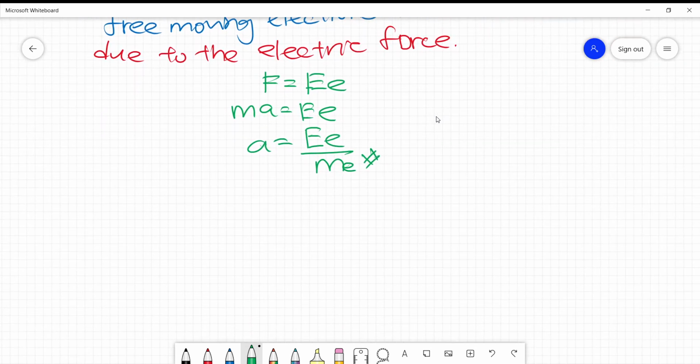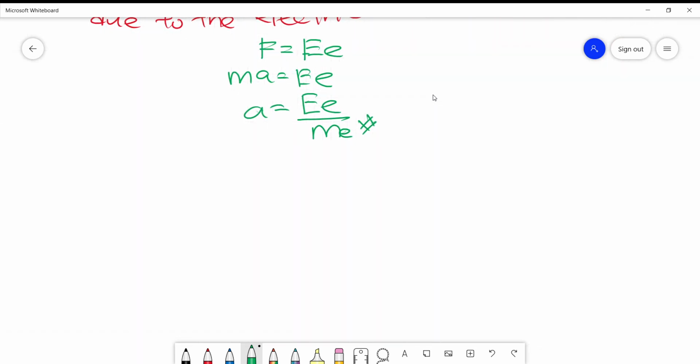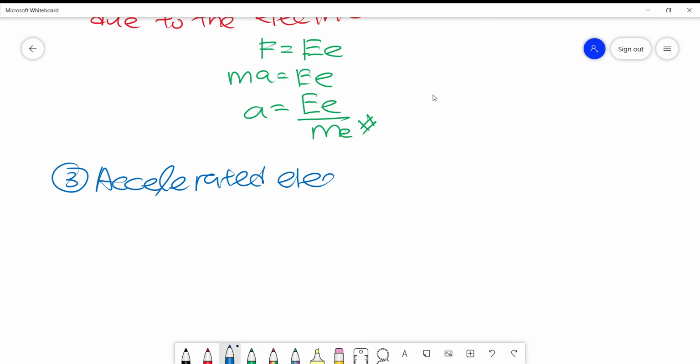Alright, so after accelerating the electrons, so the accelerated electrons, not electrons, sorry, we should write it as the free moving electrons.